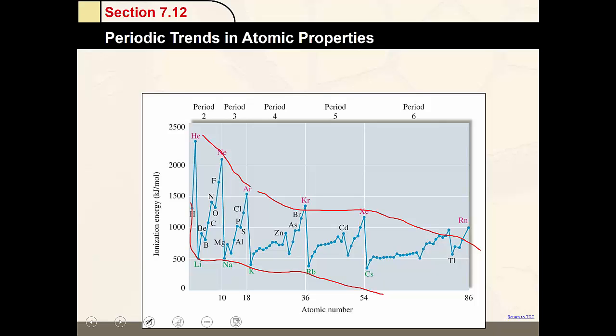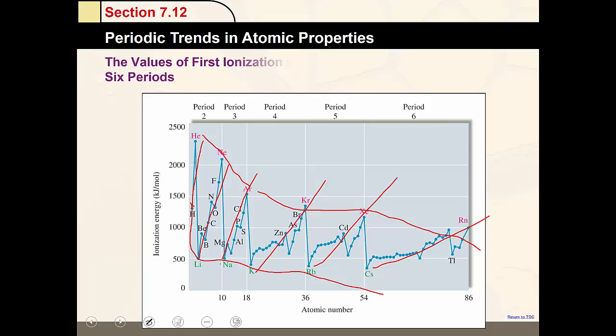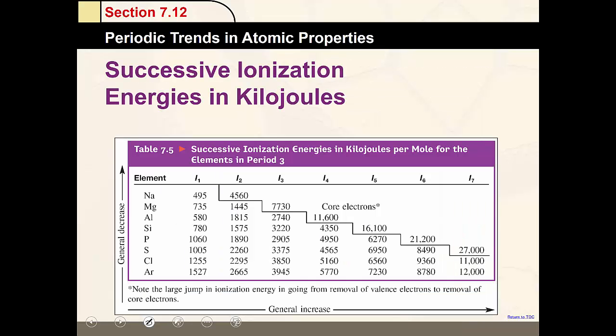And then if you go across a period, so across period 1, 2, 3, 4, 5, and 6, in general, ionization energy increases. So you should know both those general trends. Across a period it increases, down a group it decreases.